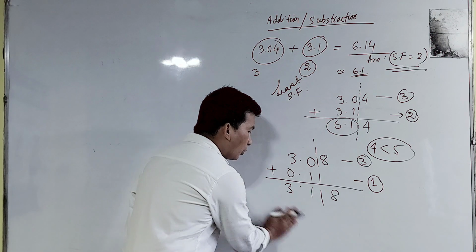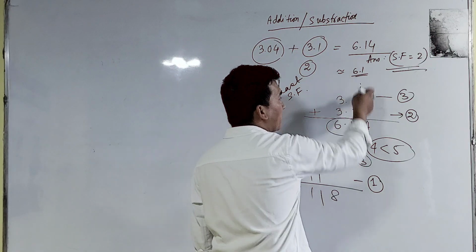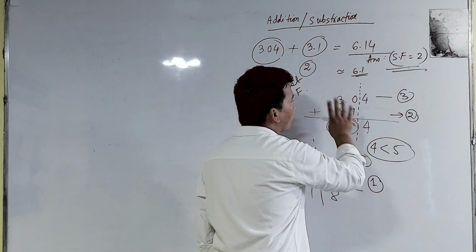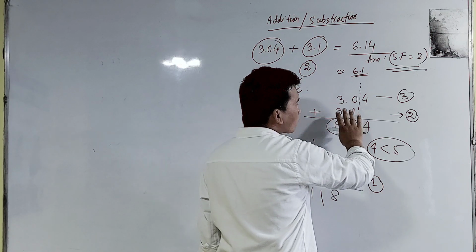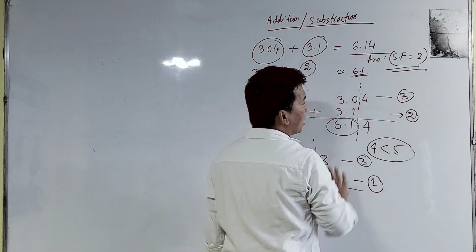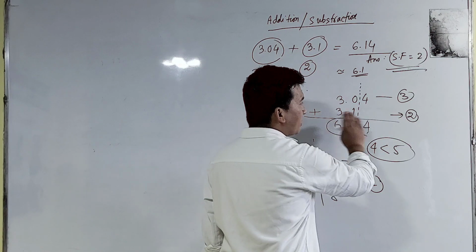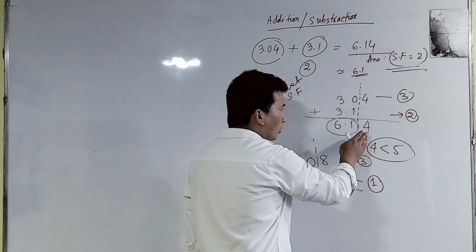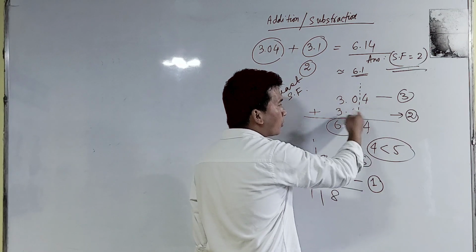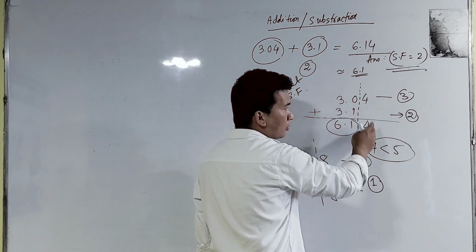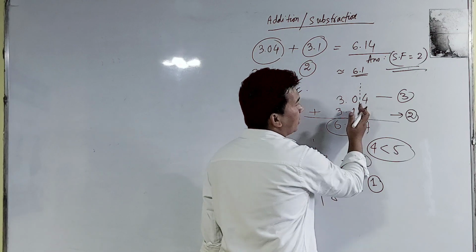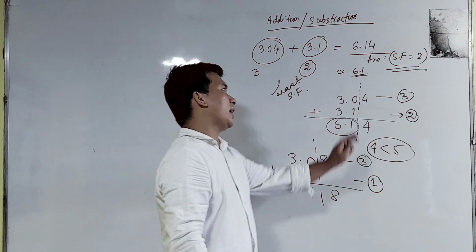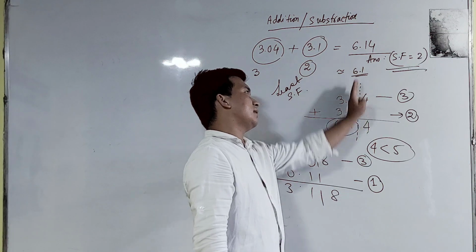Because you should follow this pattern. What is the number with the least significant figure? The number with the least significant figure is 0.1. Whether it is zero or non-zero, we don't care. The answer must be up to here. See this line. We have to take the left hand side of this line.